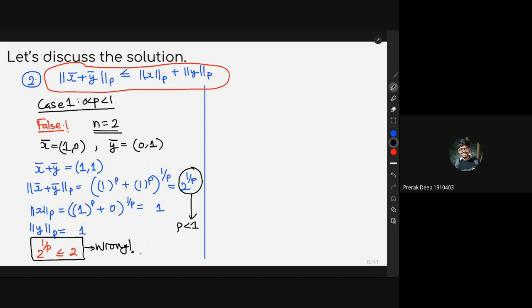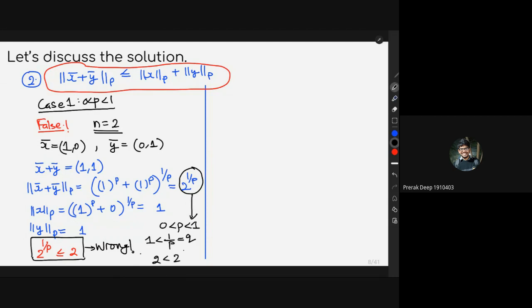P is smaller than 1 and larger than 0, which implies that 1 over p is larger than 1. So you think of 1 over p as q, and 2 must be smaller than 2 to the power q, because exponential is an increasing function.